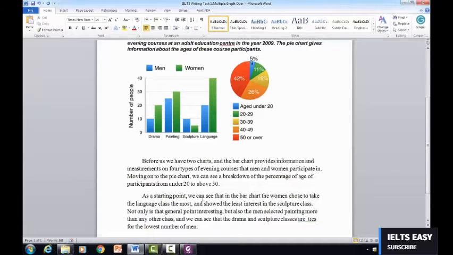We talked about the high and low for the women. We talked about the high and low for the men. And we have to do a third sentence now for the pie chart. A final point.